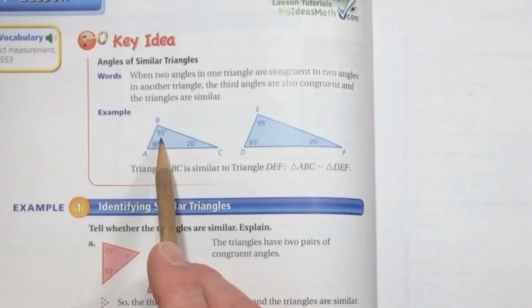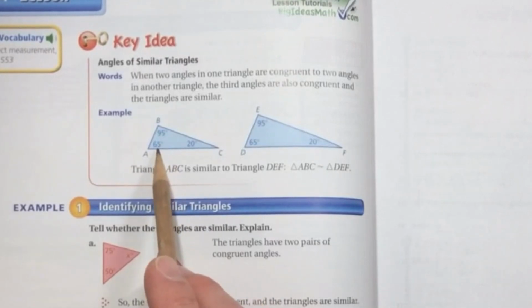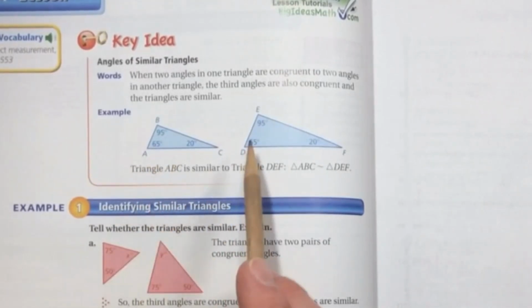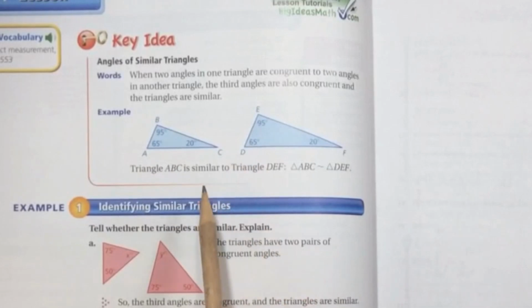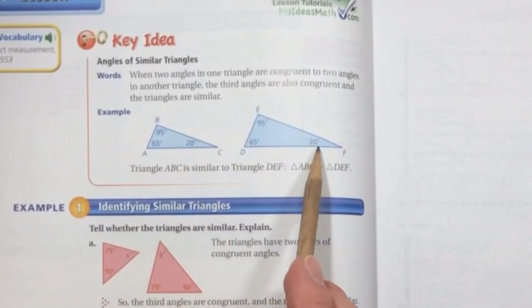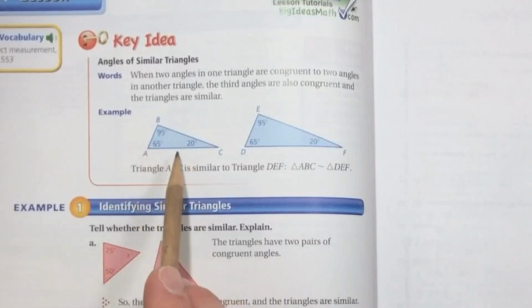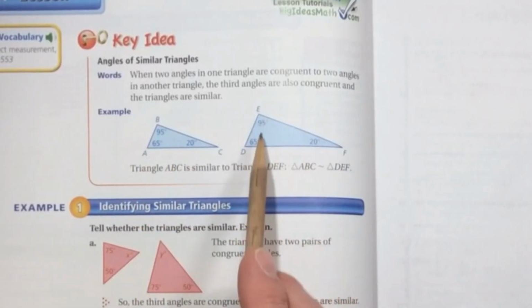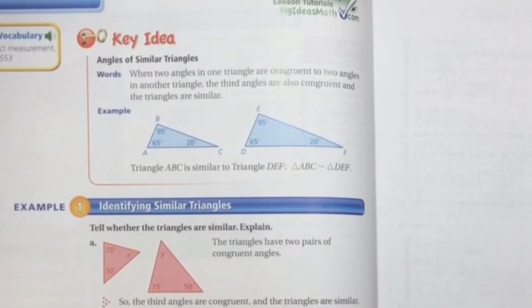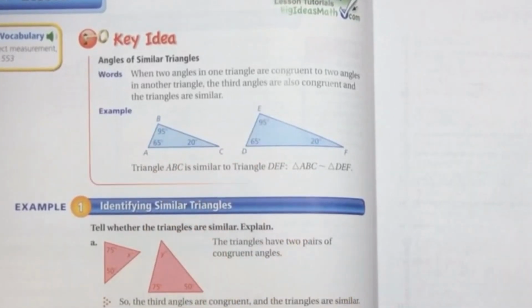For instance, if we have a 95 degrees and a 65 degrees here, and a 95 degrees and a 65 degrees here, these third angles have to be congruent, since these have to have a sum of 180, and these have to have a sum of 180. They both have to be 20 degrees, since these two were congruent.